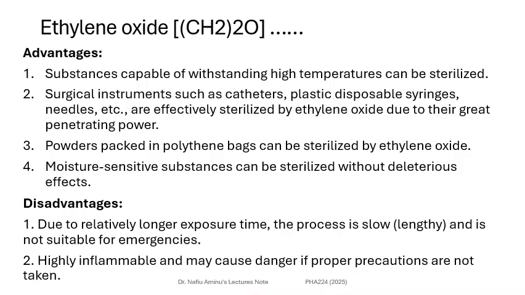So what are the advantages and disadvantages? For the advantages, substances that are not capable of withstanding high temperature can be sterilized using this method, meaning thermolabile substances. Although, the substance must be capable of withstanding 55 degrees, so they can only be used to process non-thermolabile substances, as temperatures of 55 are considered a bit high for certain substances.